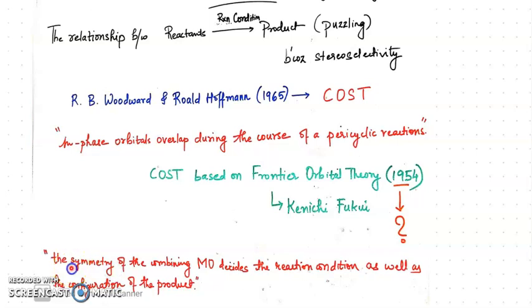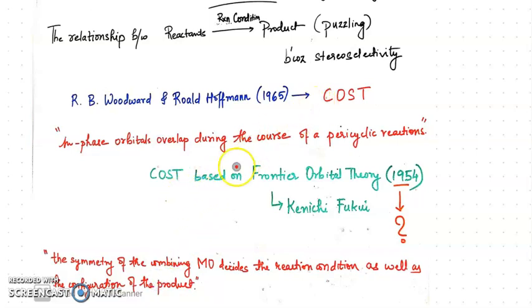Depending upon whether the combining orbitals are symmetric or anti-symmetric, you will have different reaction conditions, and that is the factor that actually decides the configuration of the product that is formed. So this is another way of explaining the definition of conservation of orbital symmetry theory.